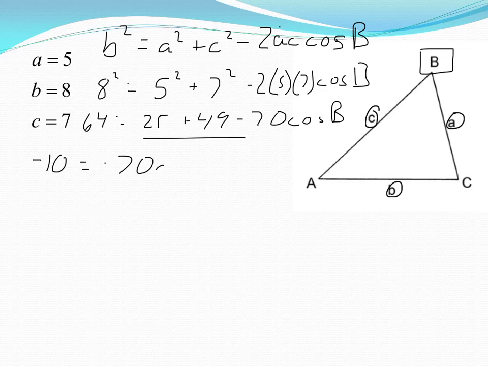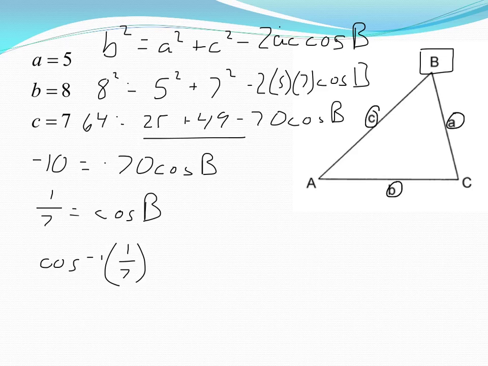We've already done the multiplication to find that negative 70 cosine of B is left. Divide both sides by negative 70, we get positive 1/7 is equal to the cosine of B. Therefore, angle B is equal to the inverse cosine of 1/7, which is roughly, using your calculator, 81.79 degrees.